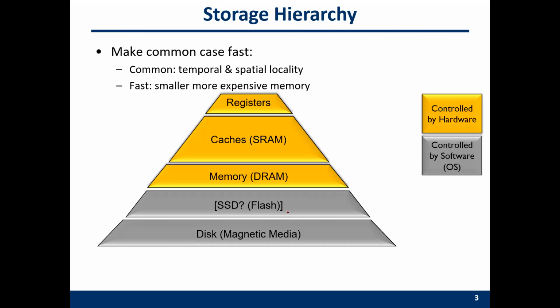This figure indicates the hierarchy of the memory. We have the fastest but smallest registers. We also have the largest capacity and the slowest disk.